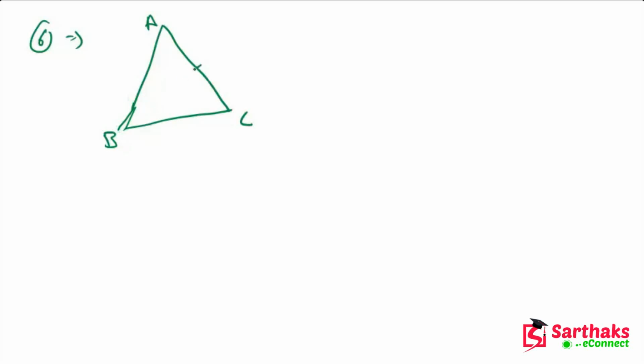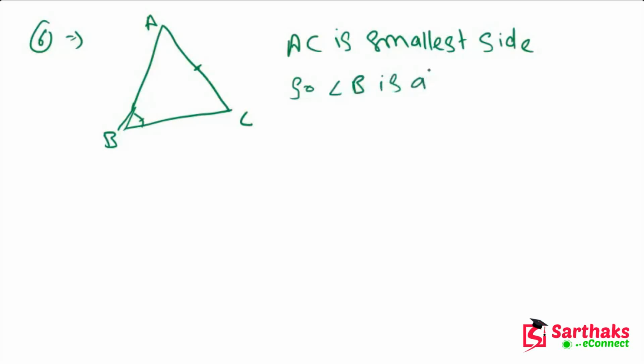Let's suppose AC is the smallest of all three sides, and the angle opposite to this side is also the smallest. So angle B is also the smallest.